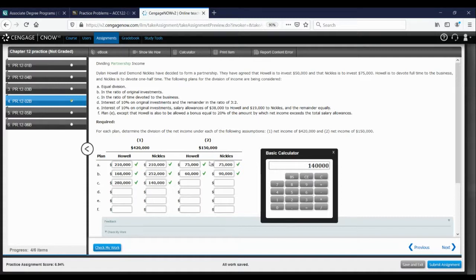Again, in part 2, we're applying it still in the ratio of time devoted to the business. Since Hal devotes twice as much time as Nichols does, Hal still gets 2/3 of the 150,000. So 150,000 times 2/3 is going to give you 100,000.